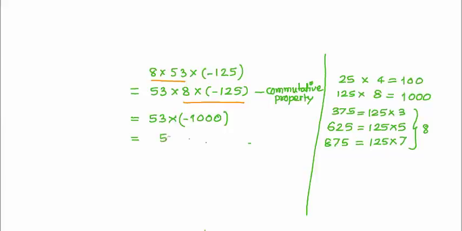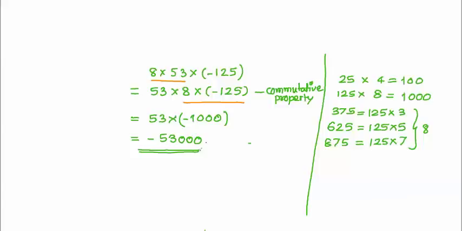It is going to be 53,000. And for sign, again, we look out. There is only one negative number, which is an odd number of negative numbers. An odd number of negative numbers gives a negative sign for the result. And hence, the answer is negative 53,000.